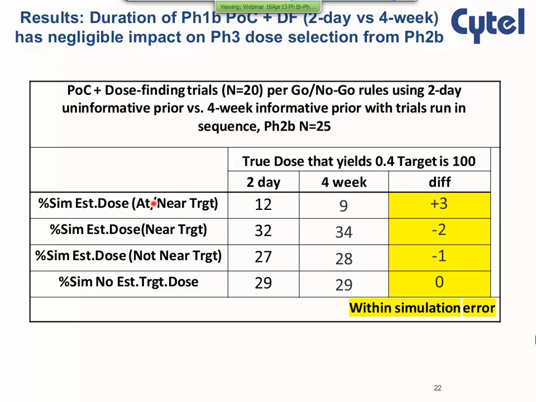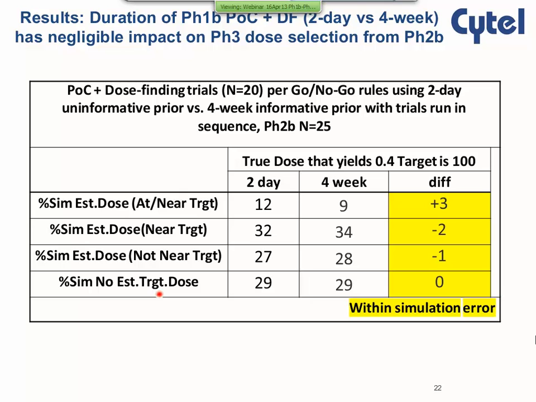This near is a typo, this is at. And then the percent where we got an estimated dose, but it wasn't near. Near means adjacent to. And then there's a percent of simulations where we couldn't get any estimated target dose. That is, the Emax model fit was lower than the target of 0.4.